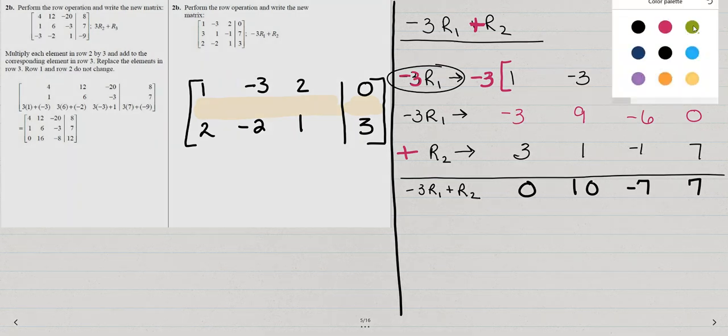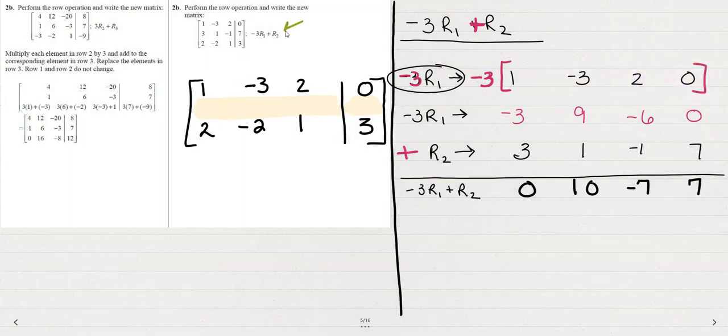Notice in this instruction of what we were doing that we were taking negative 3 times row 1 and adding it to row 2. So what that alerts me to is that row 2 is the only row that's actually going to change. So 1, negative 3, 2, and 0 remain the same. 2, negative 2, 1, 3 remain the same in row 3.